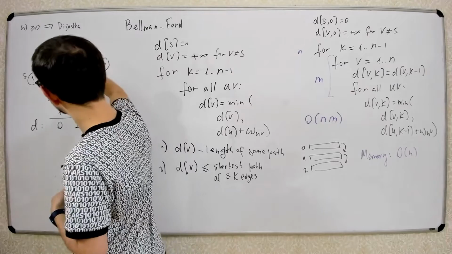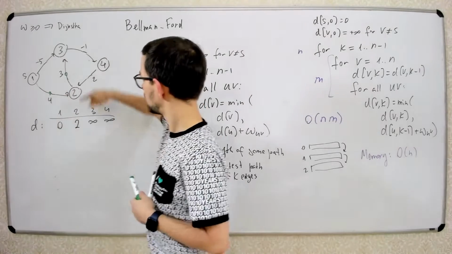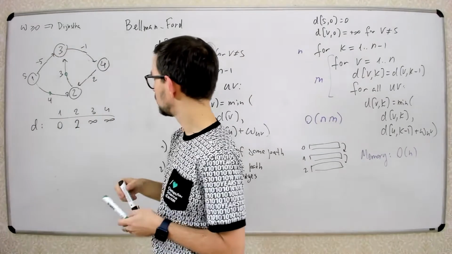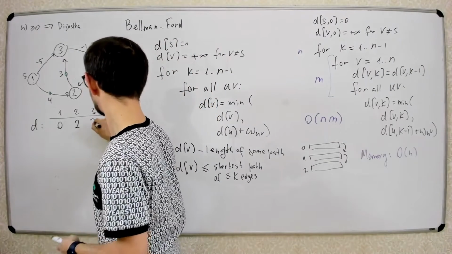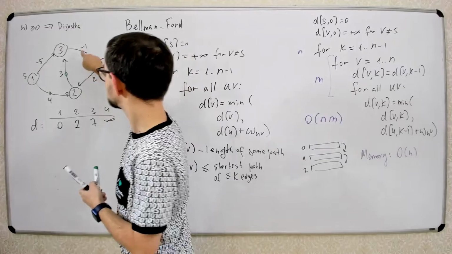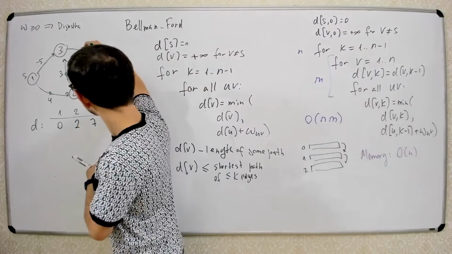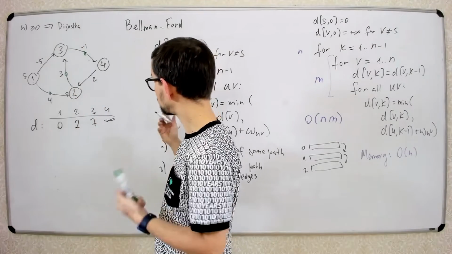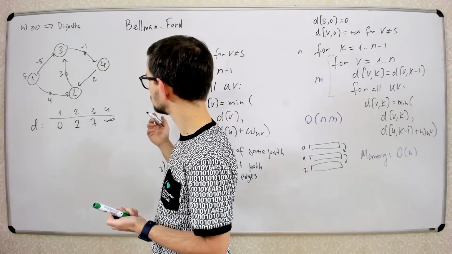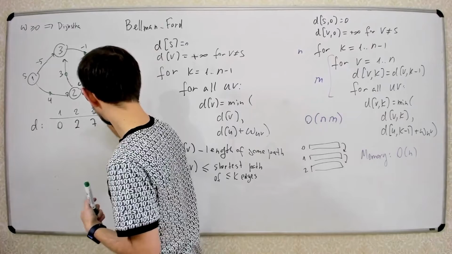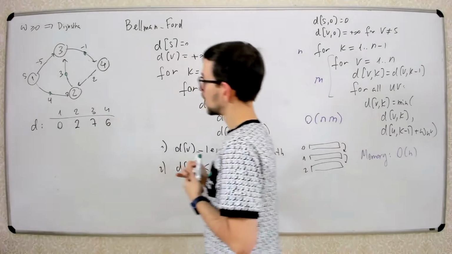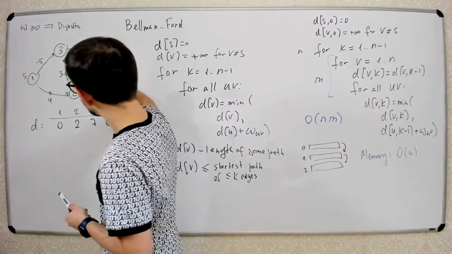Then let's apply this edge, so the value here will be 7. Then let's apply this edge: 7 minus 1, 6. Okay, now we apply, for example, this edge.